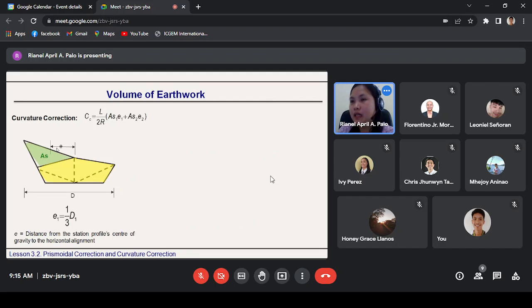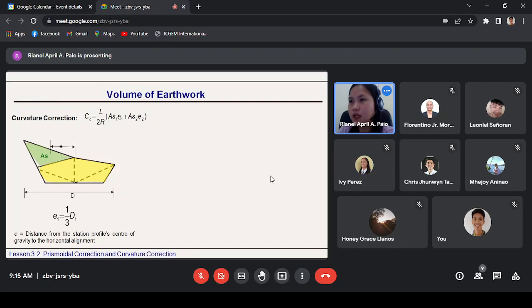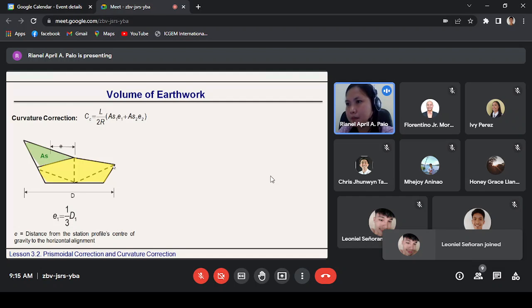Okay. Then for E, we have this one, AS, which is this one. Then E is the distance of the profile's center of gravity to the horizontal alignment. To determine E, it is 1/3 of the horizontal distance between the two slope stakes. So this is the horizontal distance from the endpoint at the left slope stake, and the horizontal distance from the endpoint at the right slope stake.